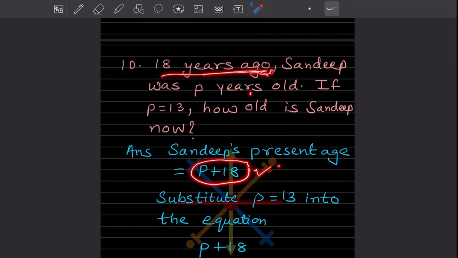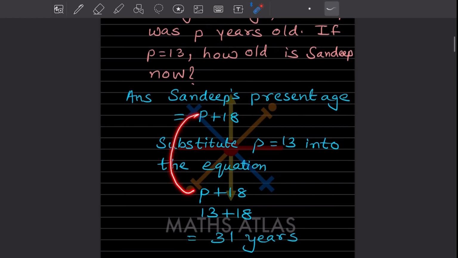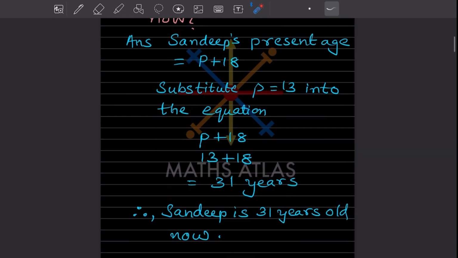So we are going to add. This is the expression we got. They said put P is equal to 13, so we put P is equal to 13 in the equation. It is going to be 13 plus 18, so that is going to be 31 years. Now means the present age. So Sandeep is 31 years old now.